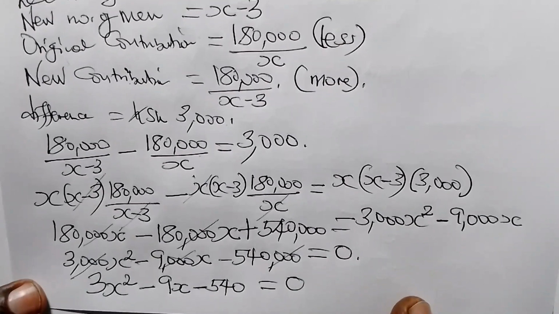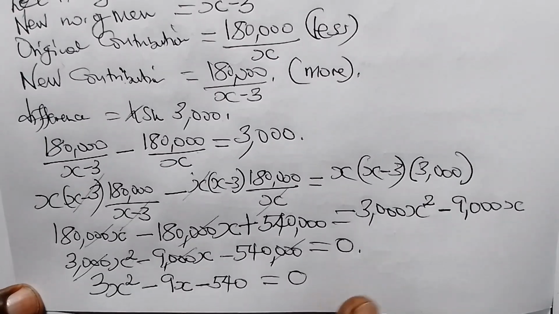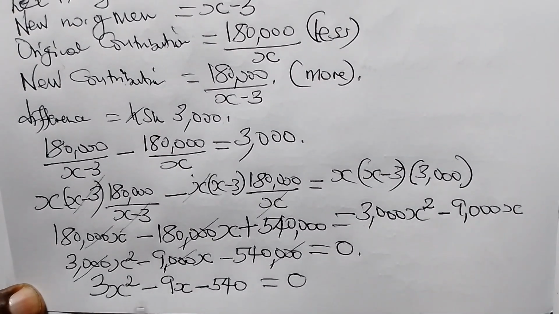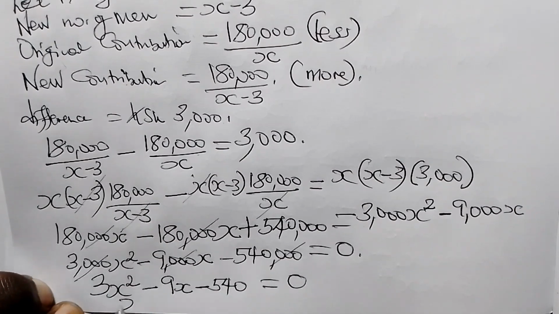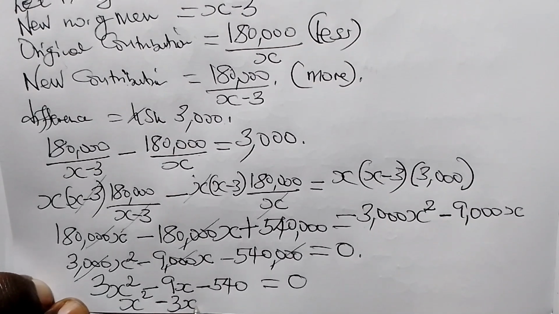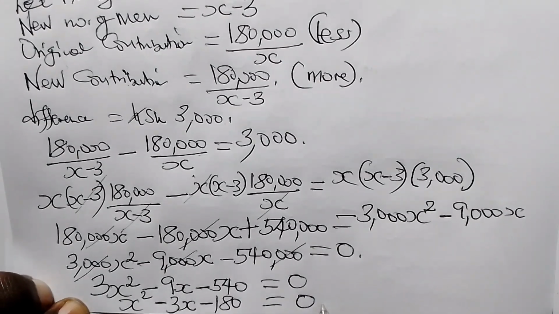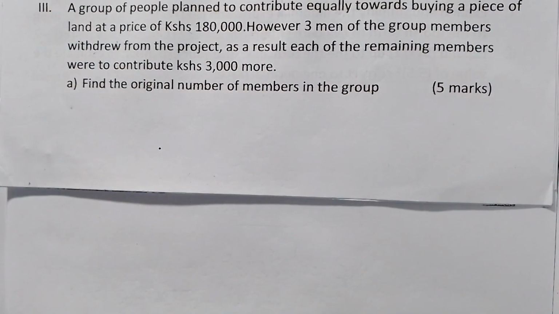We still have a common factor, which is 3, and when we divide everything by 3, we're going to get x squared minus 3x minus 180 is equal to 0, like that.